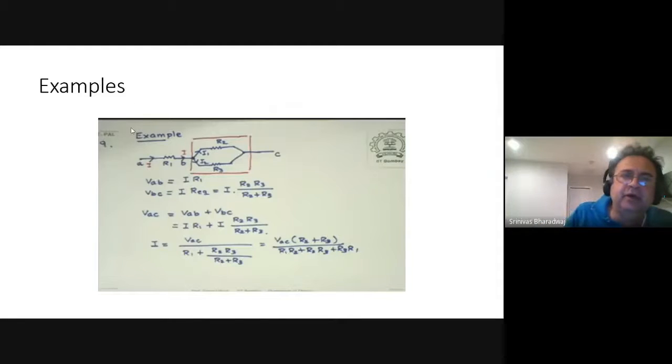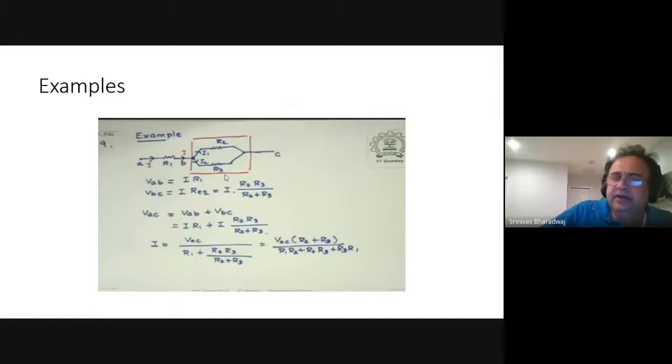So now if you had an example of a series and two parallels, what is the effective combination of all three together? First, let's evaluate the effective combination of these two. The effective combination of these two is R2 R3 divided by R2 plus R3.